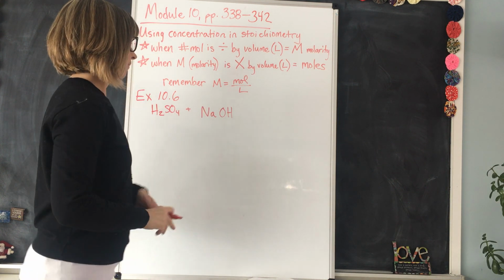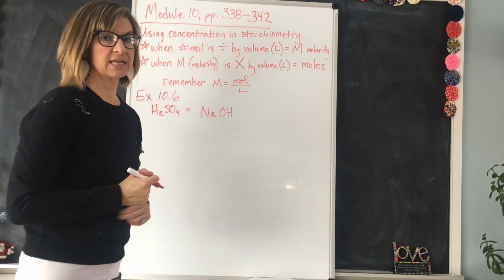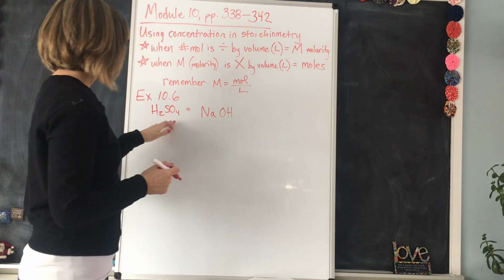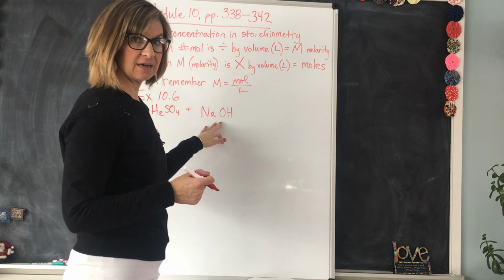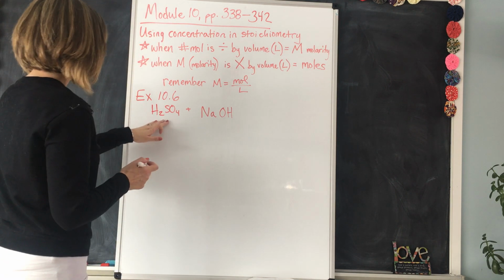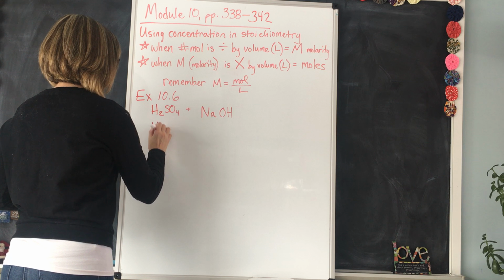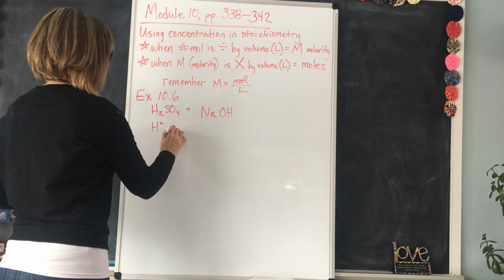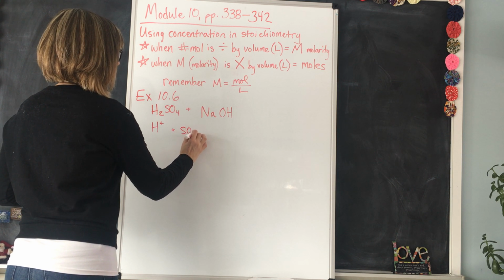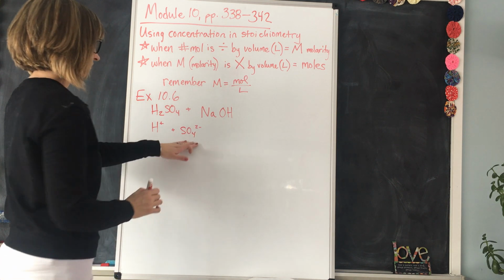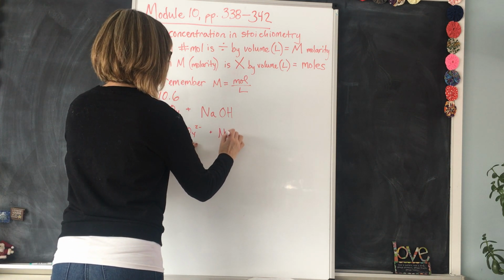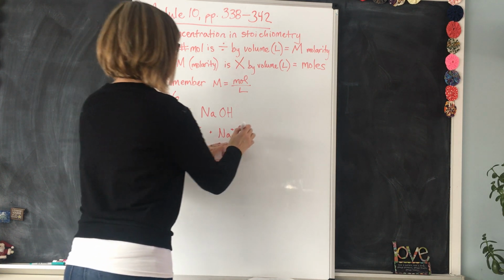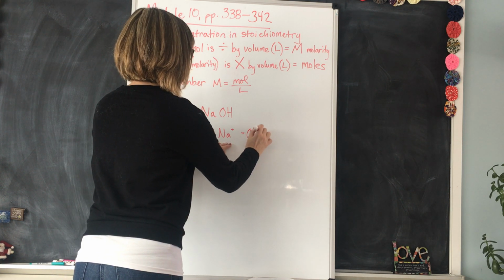And so our formula for sodium hydroxide is NaOH. So we are reacting these two. We want to first break these apart into the ions. So sulfuric acid is going to give off hydrogen ions, and then it's going to be left with the sulfate ion, SO4 2-. Sodium hydroxide is going to have a sodium ion and a hydroxide ion.